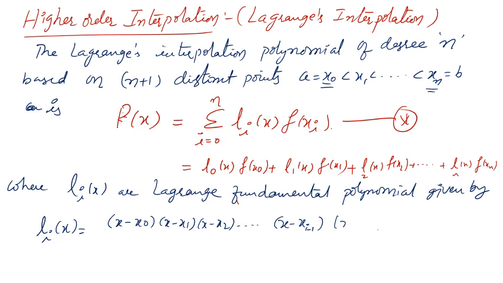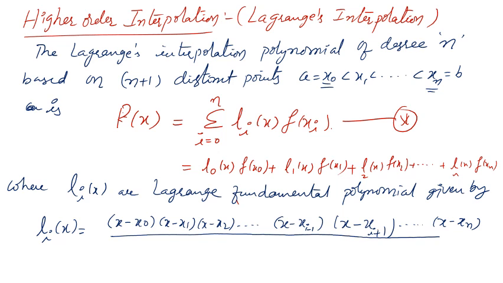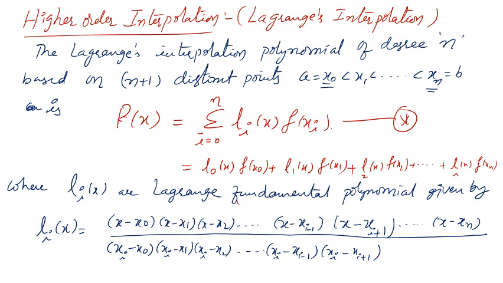Now x minus xi is deleted, so what is the next point? x minus xi plus 1 and x minus xi plus 2, and lastly x minus xn, whole divided by, now replace x by xi, that's it: xi minus x naught, xi minus x1, xi minus x2, and here xi minus xi minus 1, xi minus xi plus 1, and so on, xi minus xn. This is Lagrange's fundamental polynomial.